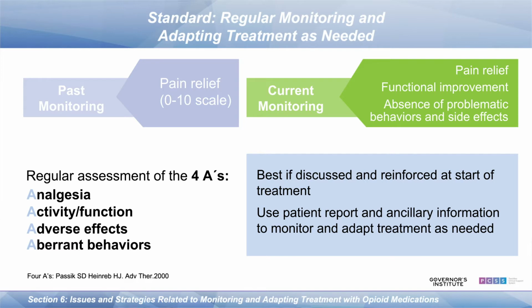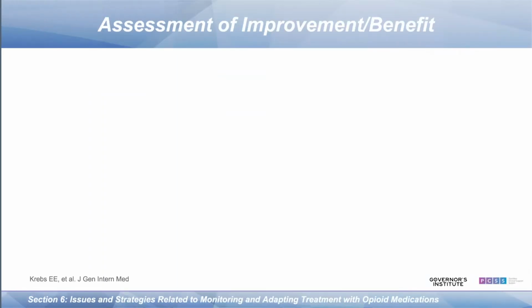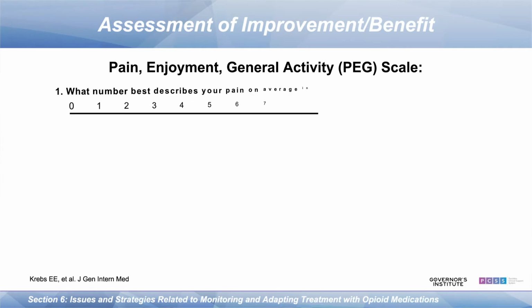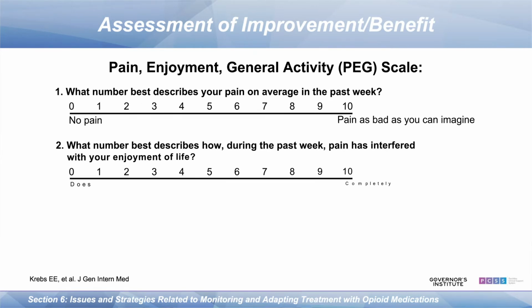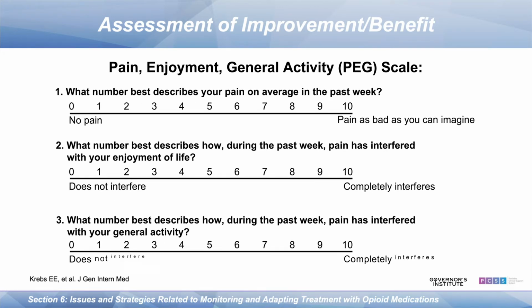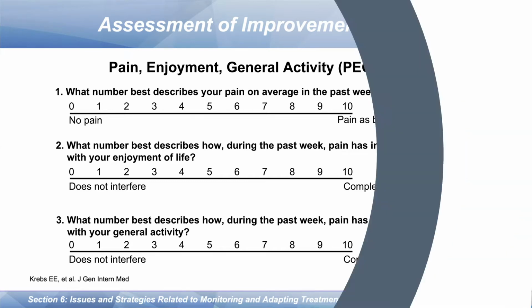Another time-effective strategy is to use validated patient self-report instruments that attend to not only pain score, but functional improvement as well. One such instrument, the Pain, Enjoyment, and General Activity, or PEG scale, is a straightforward 3-item patient questionnaire that was specifically designed and validated in a general medical setting to be as brief and time-efficient as possible, while still demonstrating validity in measuring response to treatment.